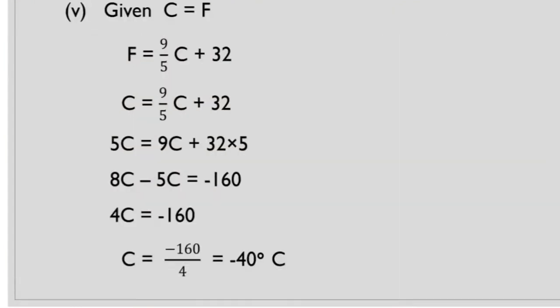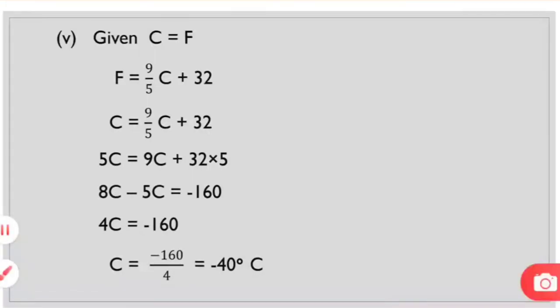Question number 5. Again you have to find a condition where both the temperature in Celsius and Fahrenheit are equal. This we have to find. So given C equal to F, let's place C as F in the given equation. We know the equation, F equal to 9 upon 5 into C plus 32.